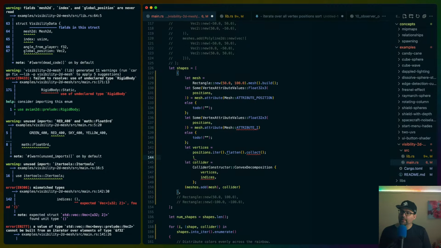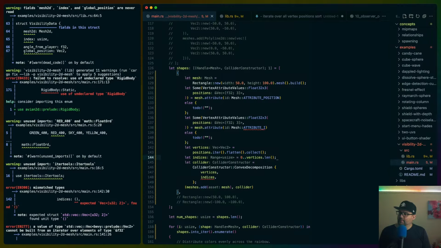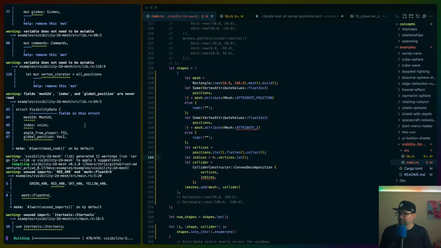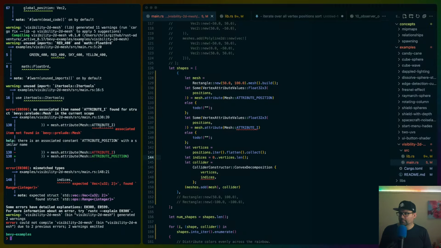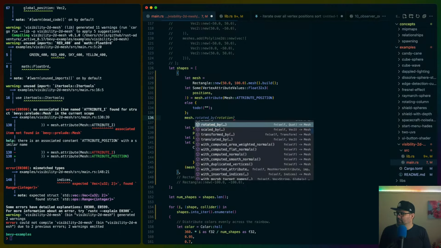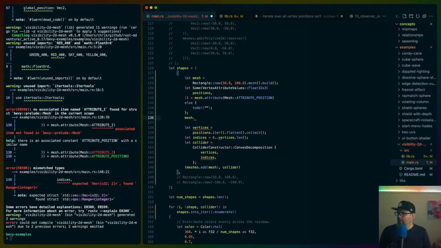And then this will be 0 to length. All right, we don't have this. What else do we have on mesh, actually?